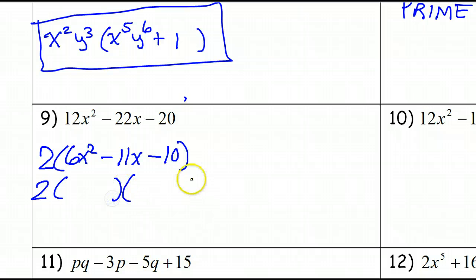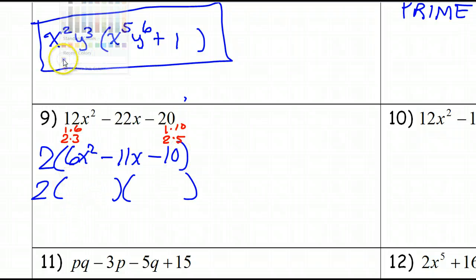So binomial, binomial. Now looking at that 6, it could be 2 times 3 or 1 times 6. This could be 2 times 5 or 1 times 10. I'm going to start with 2 and 3 and 2 and 5. Alright, see how far that gets me.